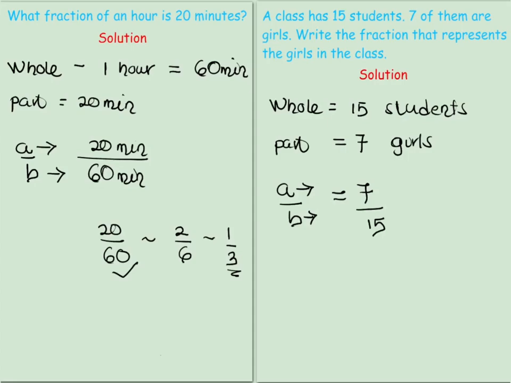Now, even though it wasn't asked, what if we were told to look for the fraction that represents boys? For boys, you are going to need the number of boys. How are you going to get it? We know that since they are students, if you are not a girl, you are a boy. So if there are 7 girls, it simply means there are 8 boys.